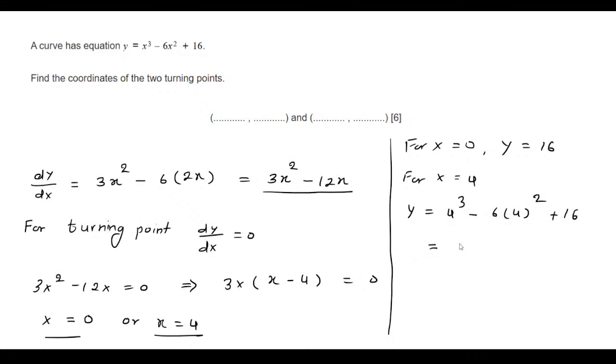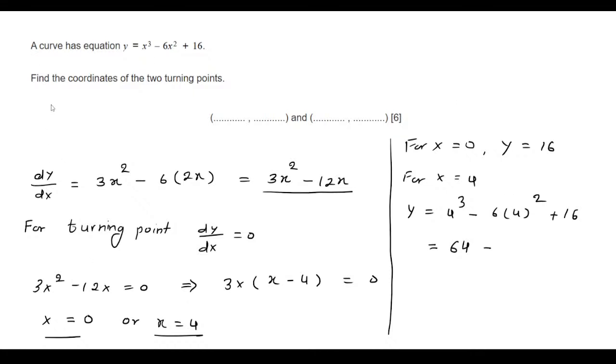Now 4 cubed is 64, minus 6 times 16. Or I will calculate the whole value with the calculator.